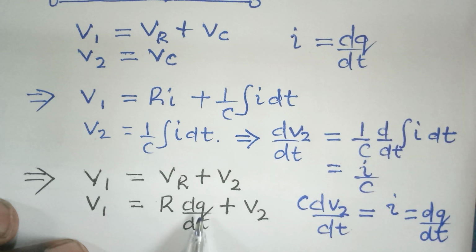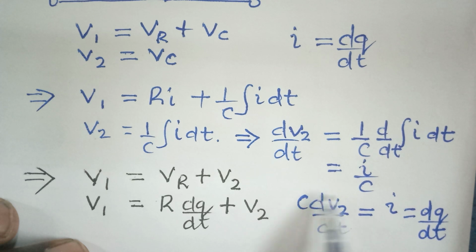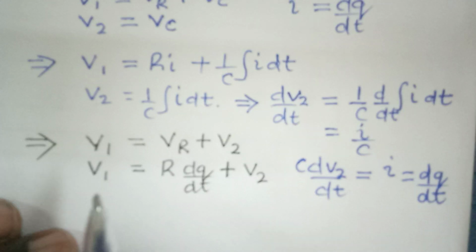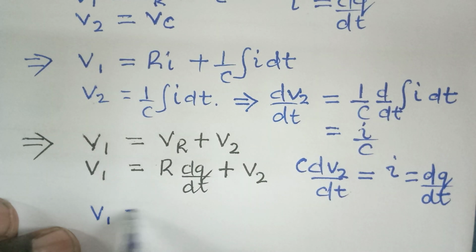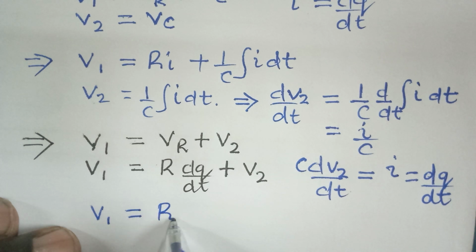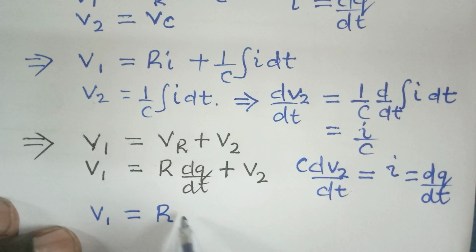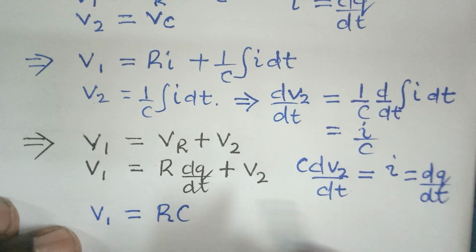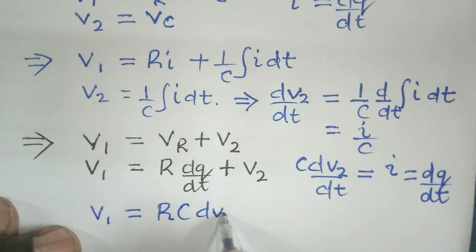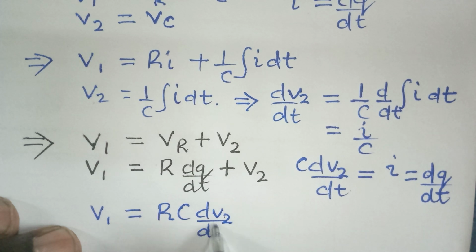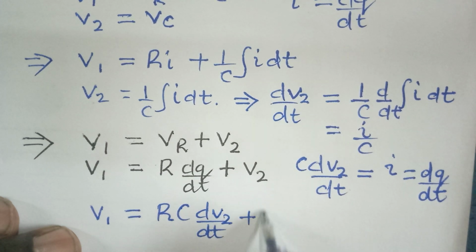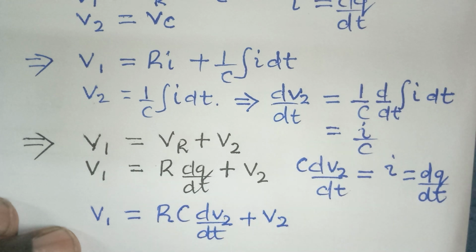This is what we are going to replace here with this function that has V. So we are going to have V1 equals R, instead of writing dq dt, we write C dV2 over dt, plus V2.